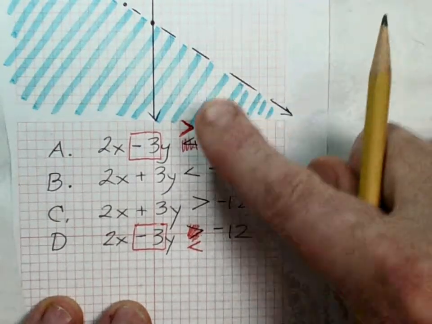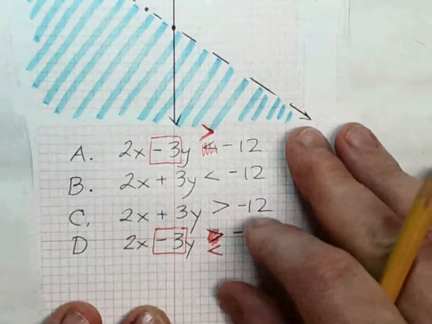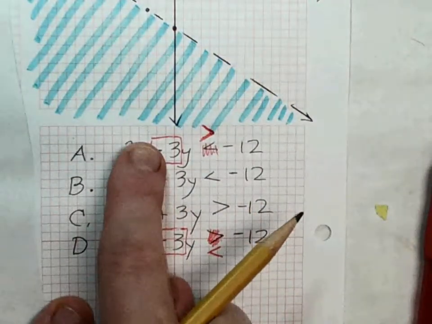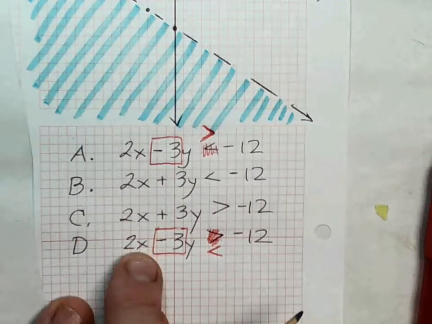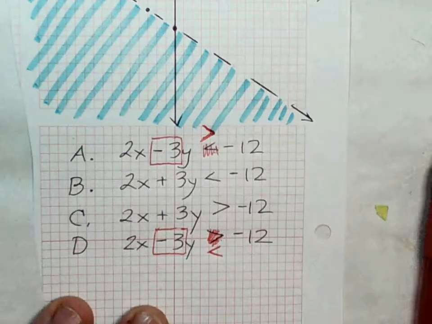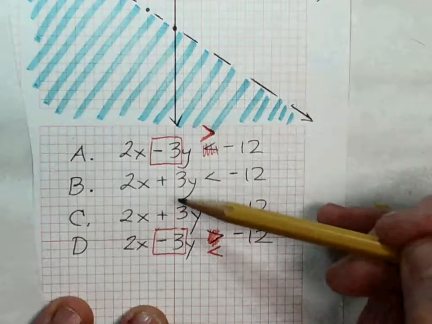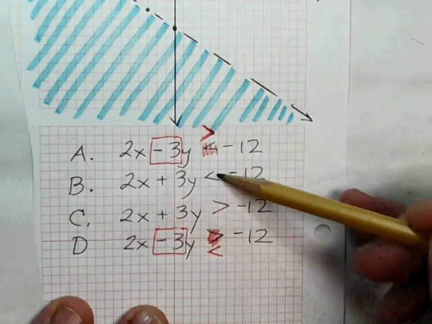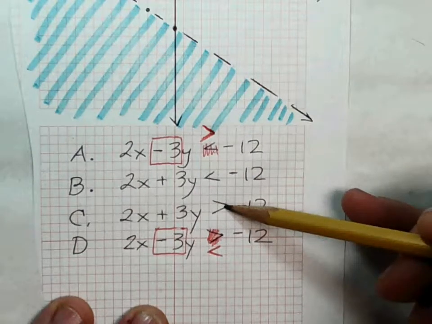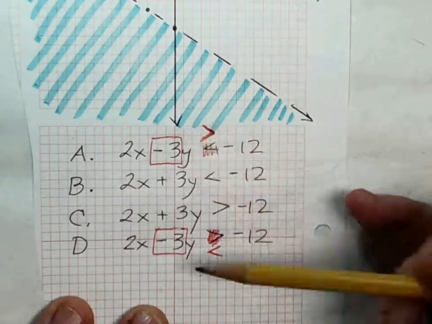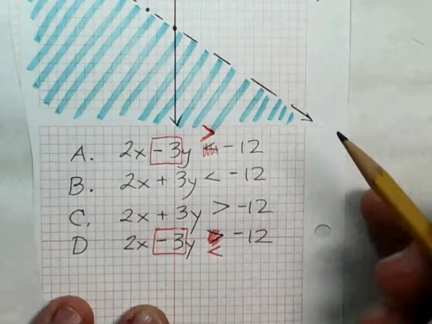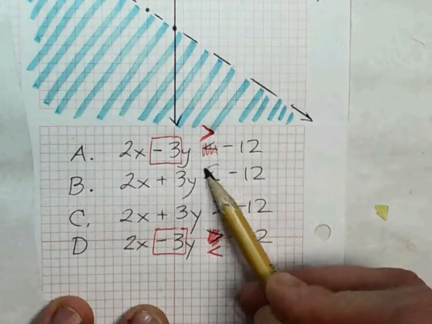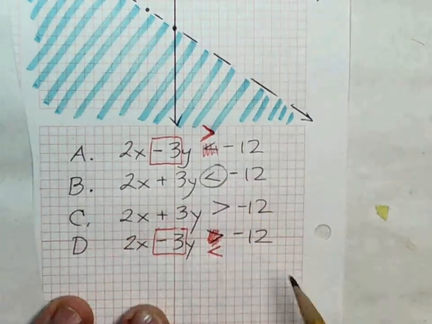If you just go through and look at the original inequality sign and go, oh, shading below, less than, without considering what kind of number you have in front of your y value, you're going to miss the problem, and we don't want you to do that. I didn't mess with these because the number in front of y in these two was positive, so these symbols will not change. So now after I go through and find out which ones are actually my final inequalities, I know that this one is less than, or shading below, so B is a possibility.